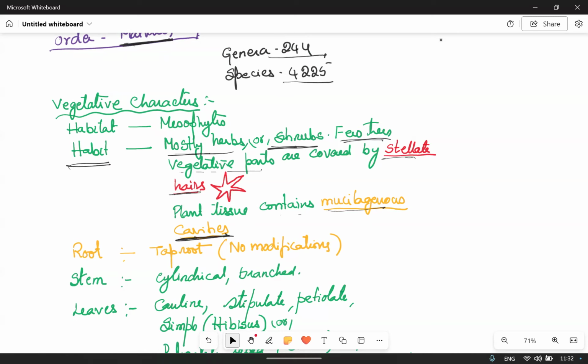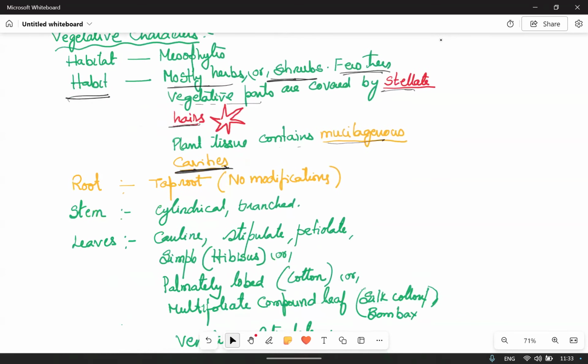Out of all these families, we have Fabaceae, Solanaceae, Liliaceae, this newly added Malvaceae, Brassicaceae or Cruciferae, Poaceae or Graminae, Asteraceae or Compositae. All these families, except Malvaceae, don't have mucilaginous cavities or stellate hairs. Only this family has stellate hairs on the vegetative parts and mucilaginous cavities in the plant tissues.